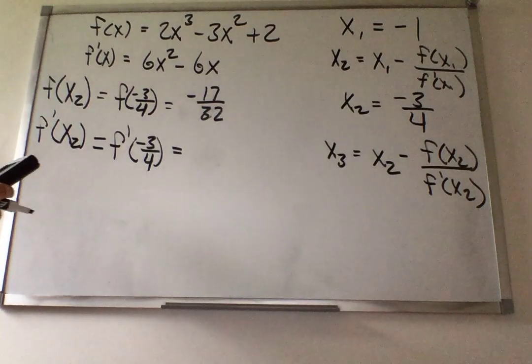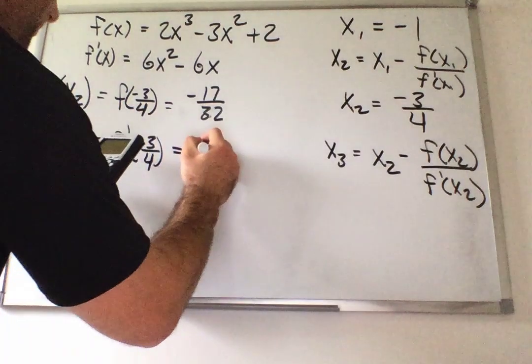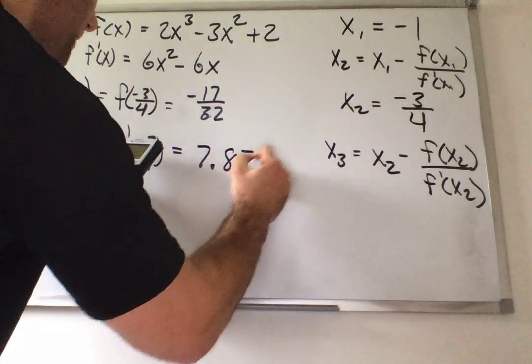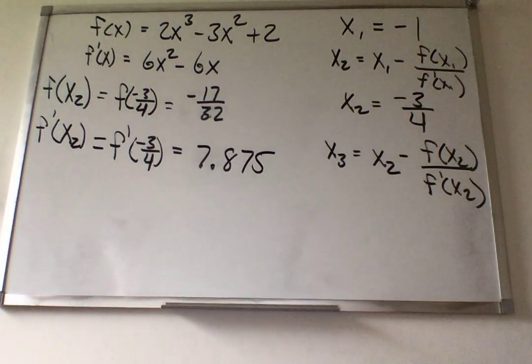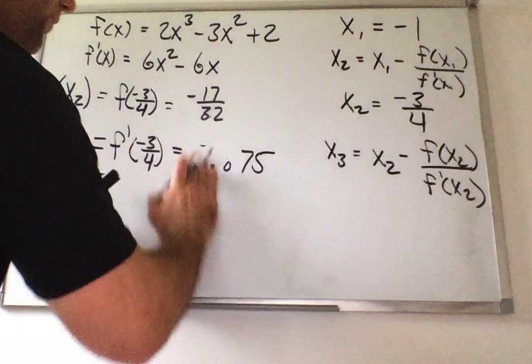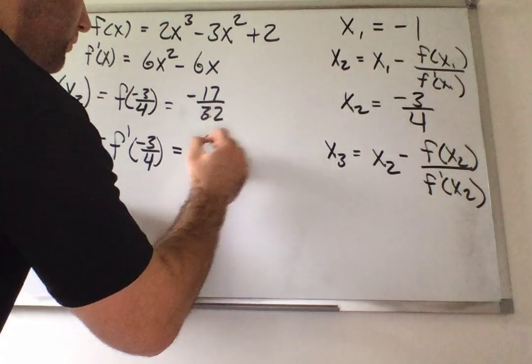And this one, it doesn't have a fraction form. 7.875. Or maybe it does. 63 over 8. There we go.